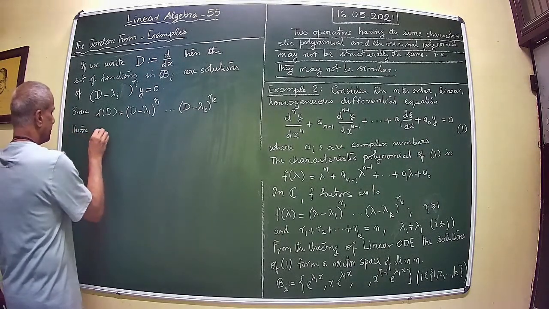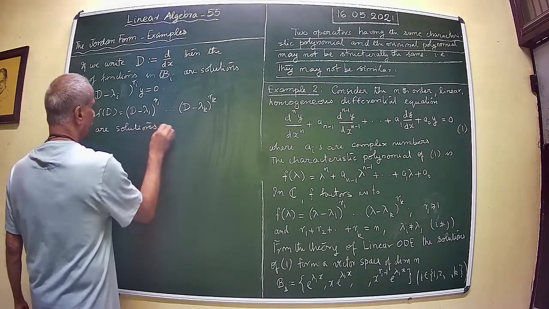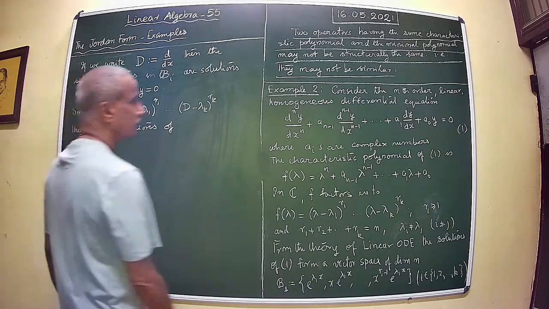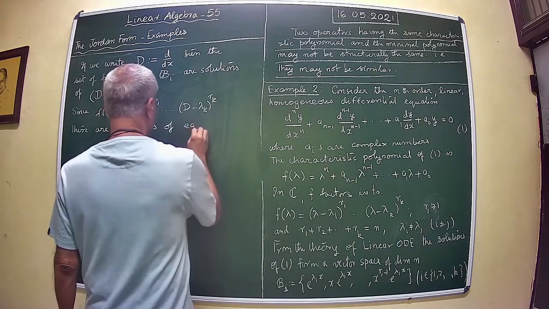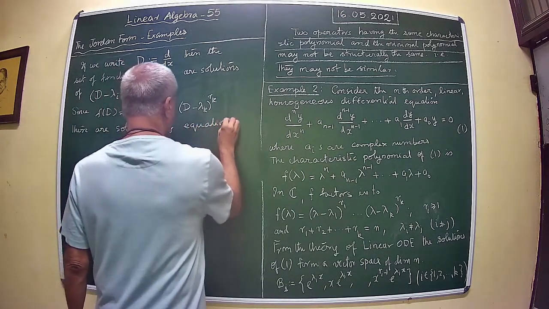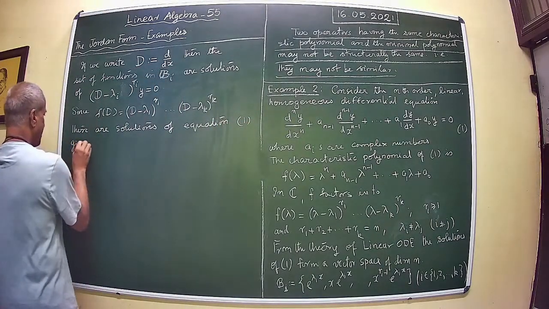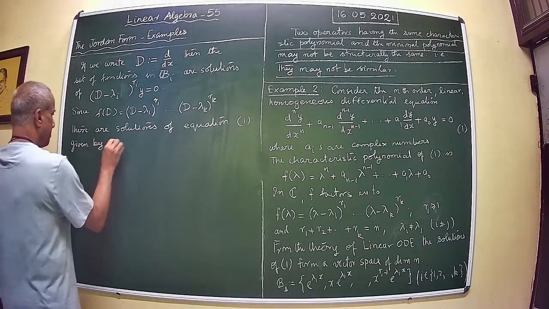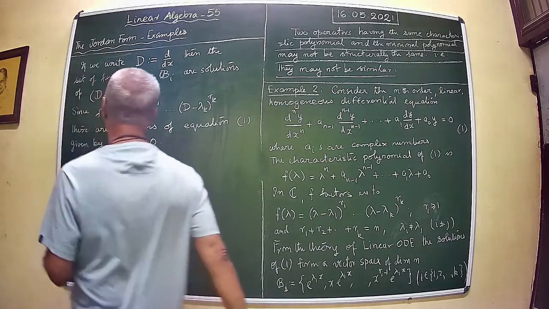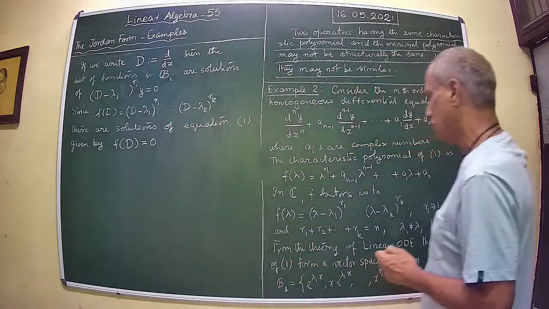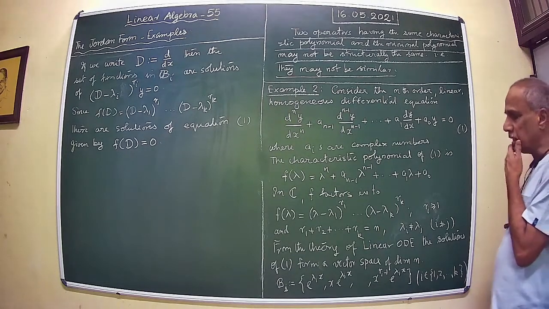These are solutions of equation 1, the one given by zero. Now, how many such solutions are there?